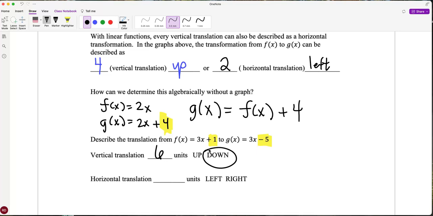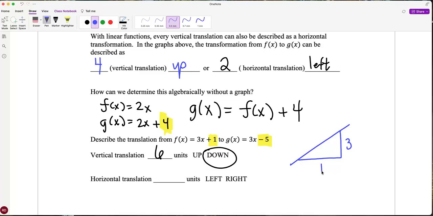Now, if I want to figure out what the horizontal translation is, the easiest way to think of this is a line that has a slope of 3. It's a positive slope, right? So if this is 3, this is 1, okay?